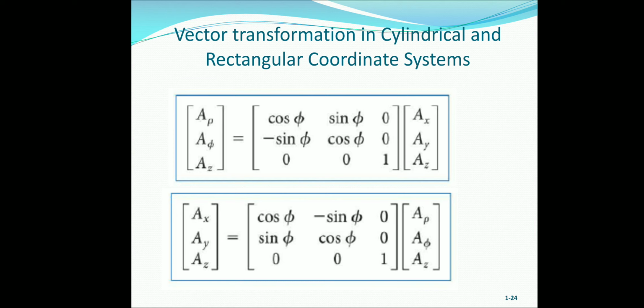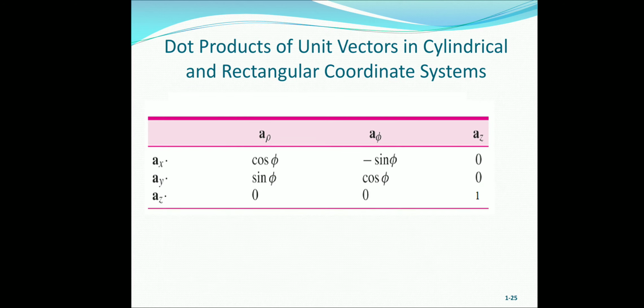So the transpose of the first matrix is cos phi, minus sin phi, 0; second row is sin phi, cos phi, 0; third row is 0, 0, 1 itself. So these are the vector transformations used to convert cylindrical coordinates to rectangular coordinates, and similarly rectangular coordinates to cylindrical coordinates.